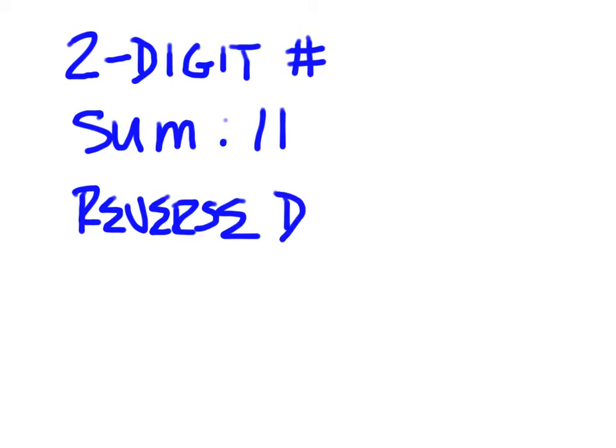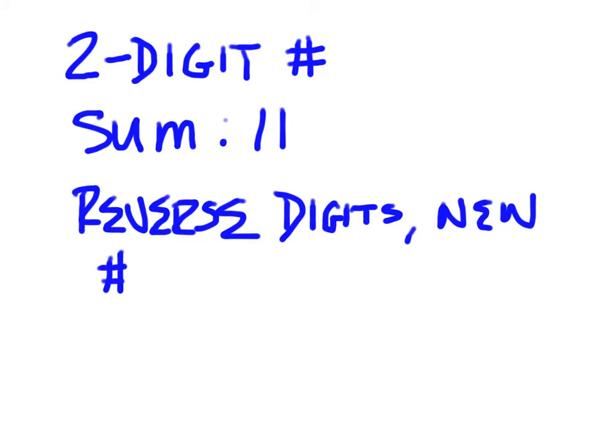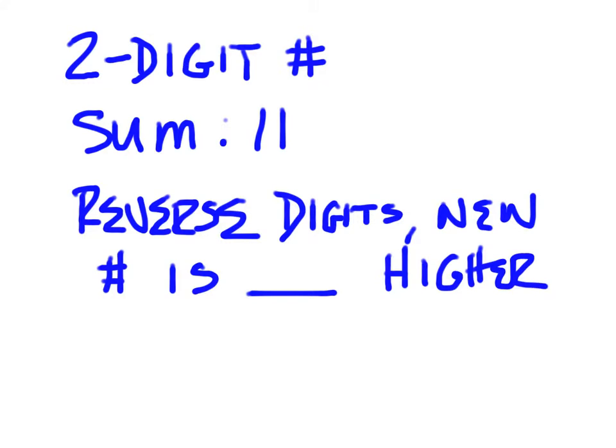So when I reverse the digits, the new number is a certain amount higher than the old one. This one is 63 higher than the old number. We have to figure out what that number was.